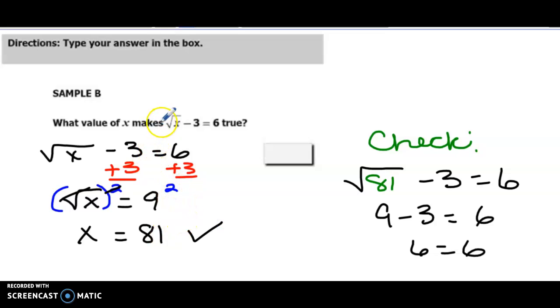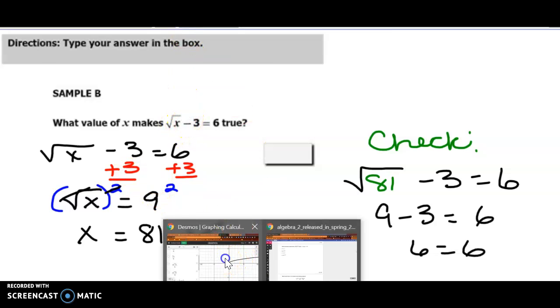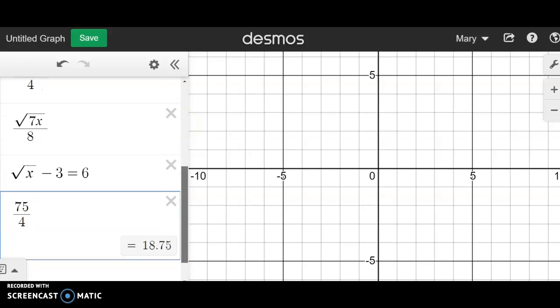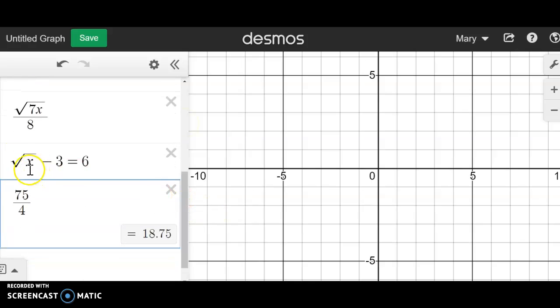Another way that we could do it is to go to Desmos, take this whole equation that we're given to begin with, and plug it into Desmos to see where it crosses our x-axis. So let's look at Desmos this time. Our original problem is here. The square root of x minus 3 is equal to 6.